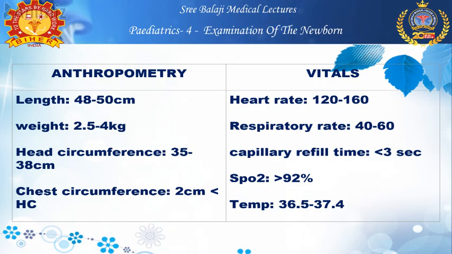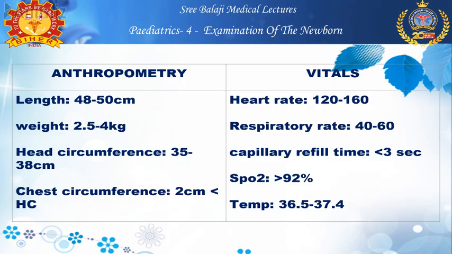Below 36.5 degrees centigrade is called hypothermia. Above 37.5 degrees centigrade we call it fever in a baby. So again, recording the temperature in babies is very important. Hypothermia is very common and will lead to more complications in babies.